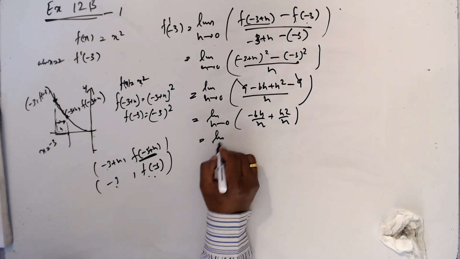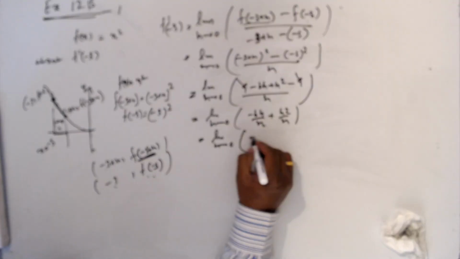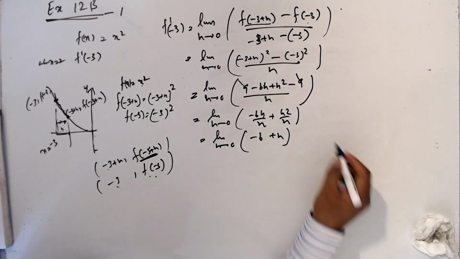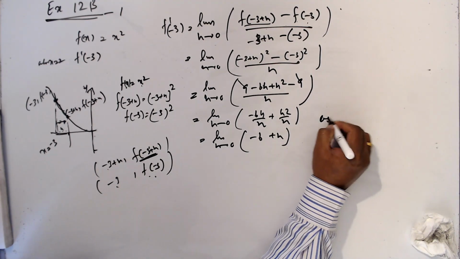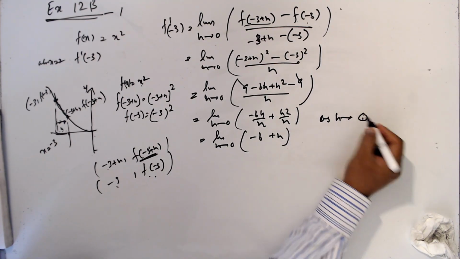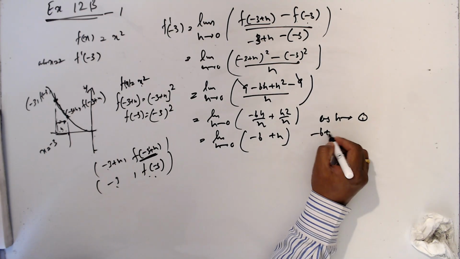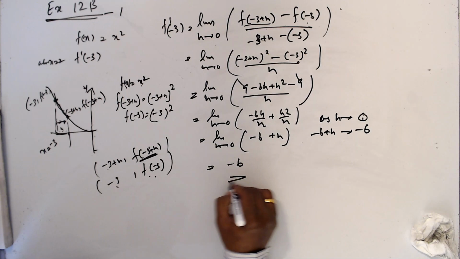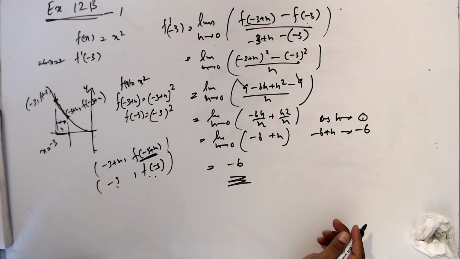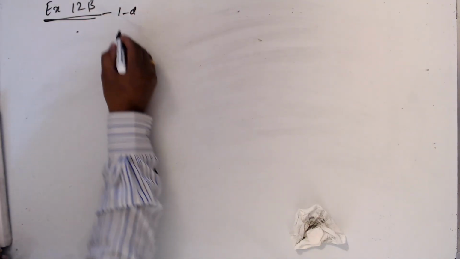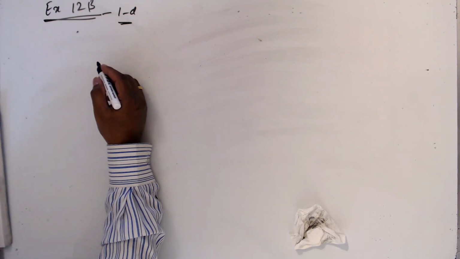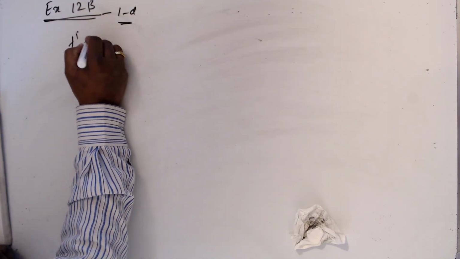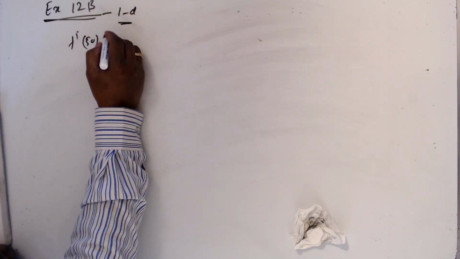So limit h goes to 0, this is going to be minus 6 plus h. So as h goes to 0, minus 6 plus h goes to minus 6. Next one, I'll discuss the last one and then I'll discuss f'(0). I'll discuss f'(50) and then the other one.